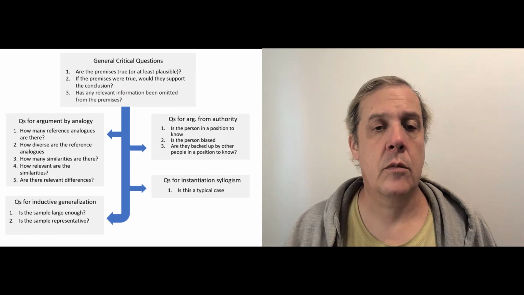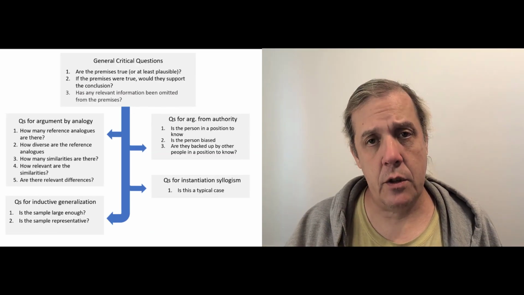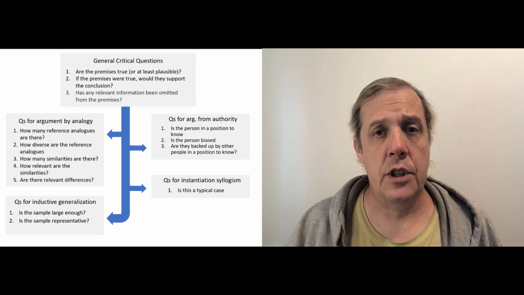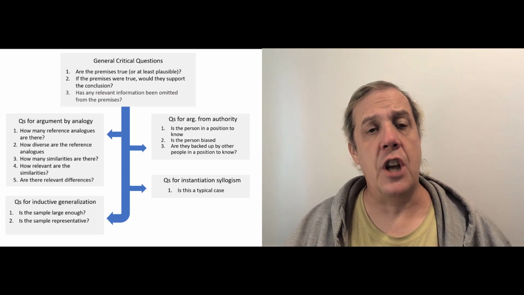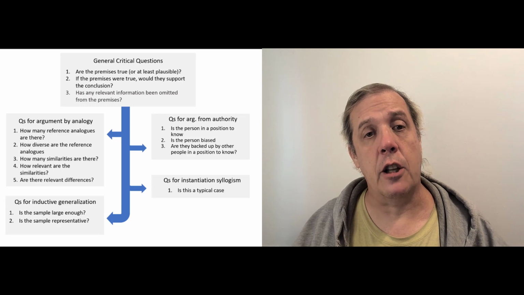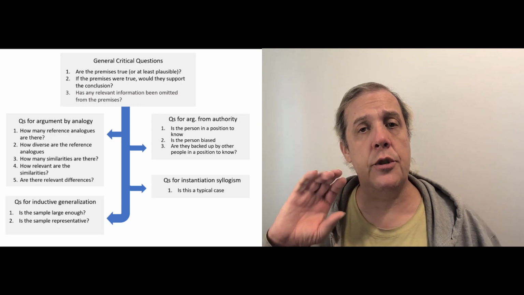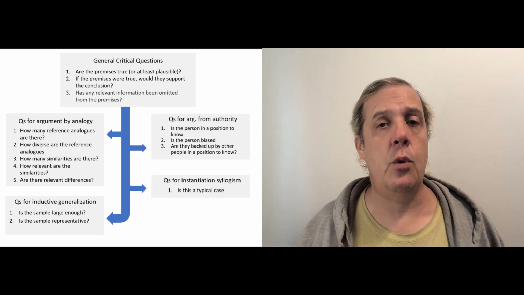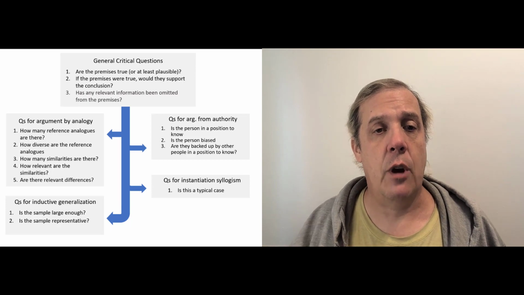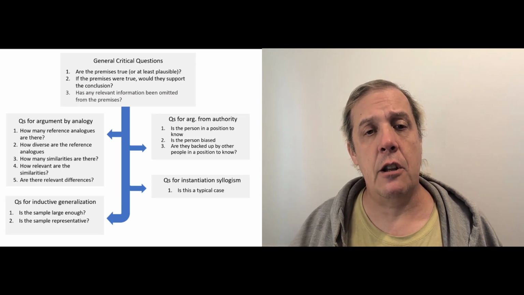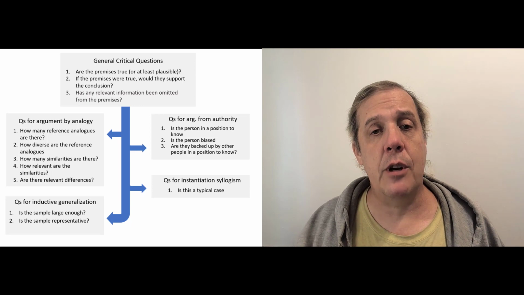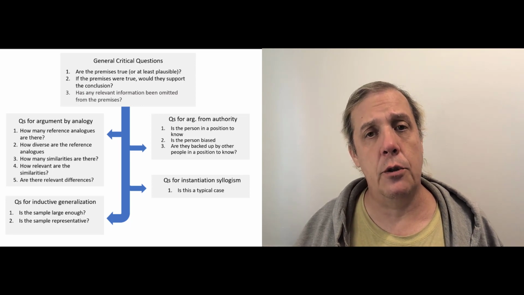So the first set of questions on the review sheet just deals with the general critical questions you would ask of any argument and the terms you use when you answer those questions, right? So we said that you ask question 2, if the premises were true, would they support the conclusion?